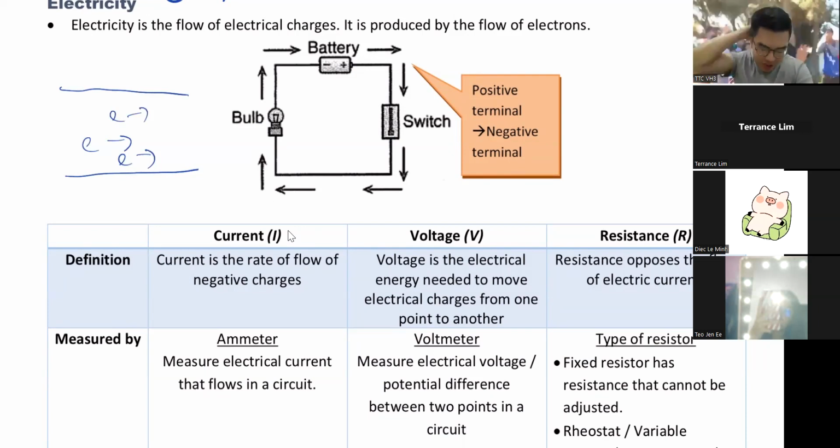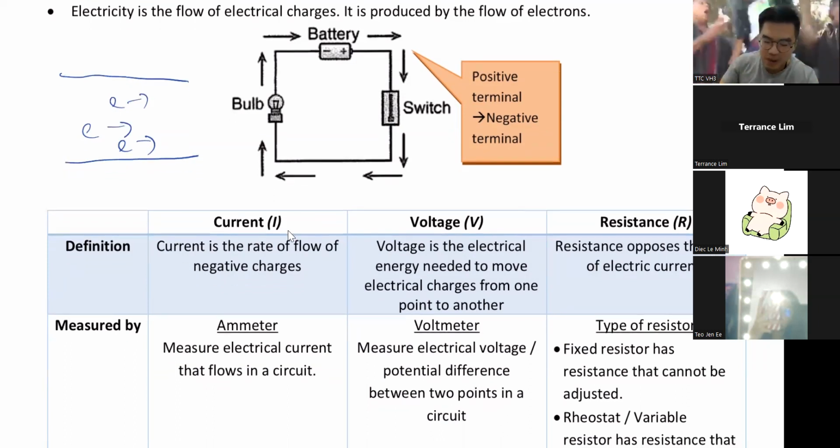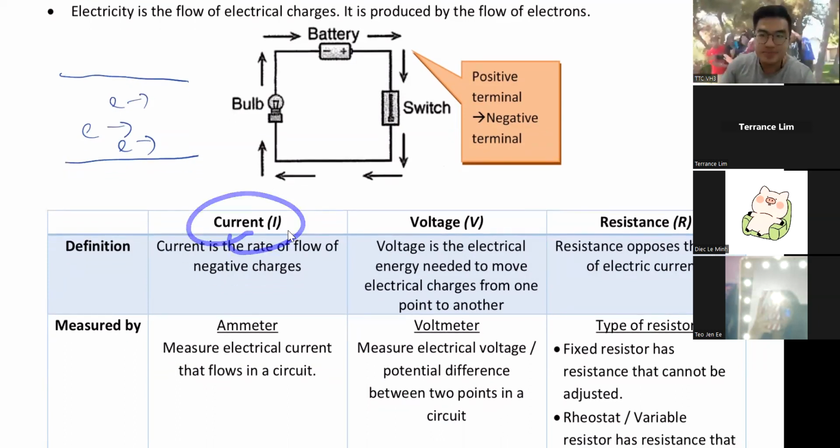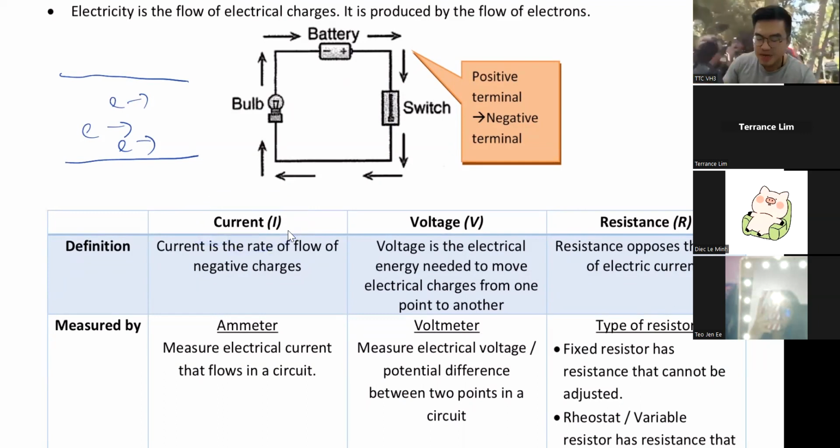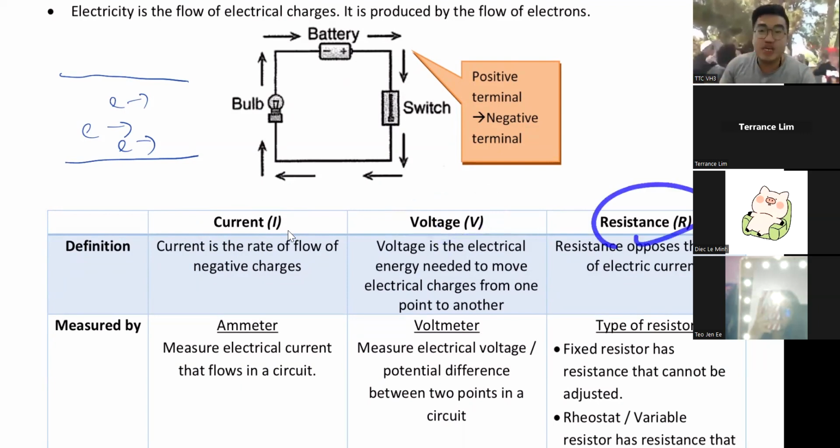That's the difference. Anyway, when we talk about electricity, we have to talk about three things: the current, the voltage, and the resistance.